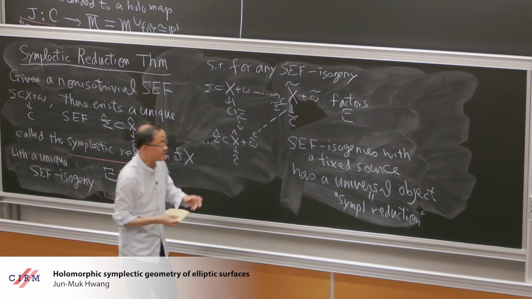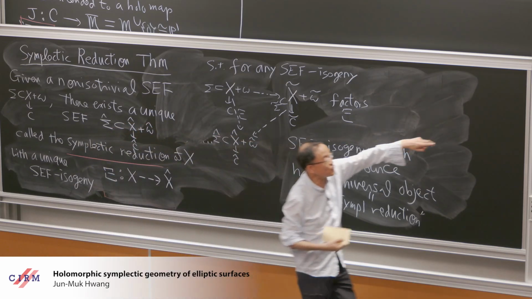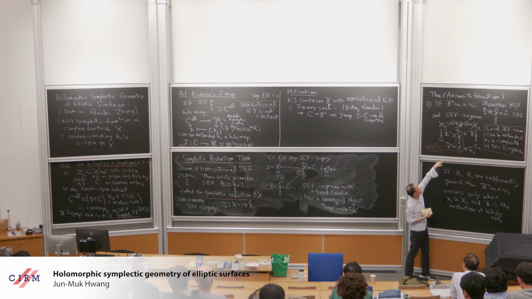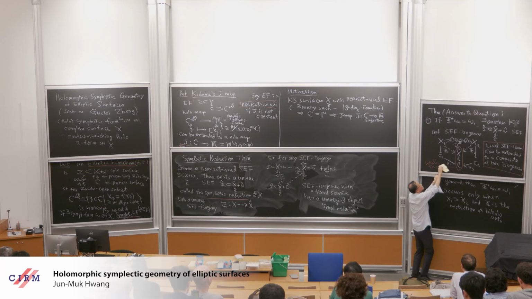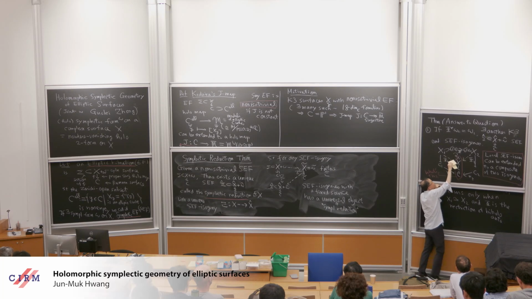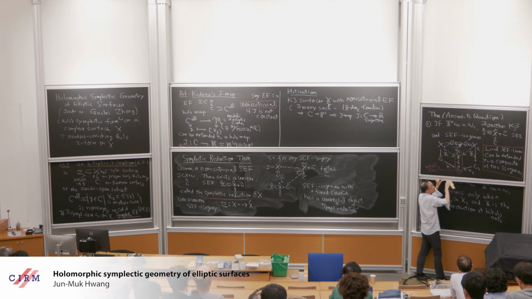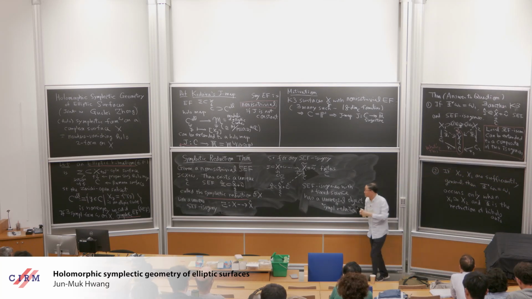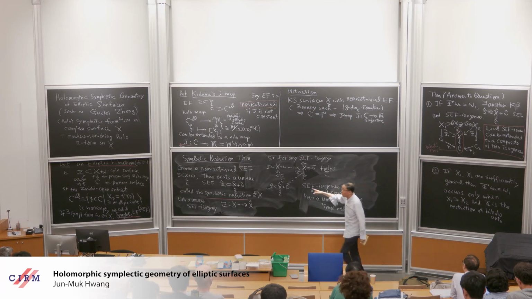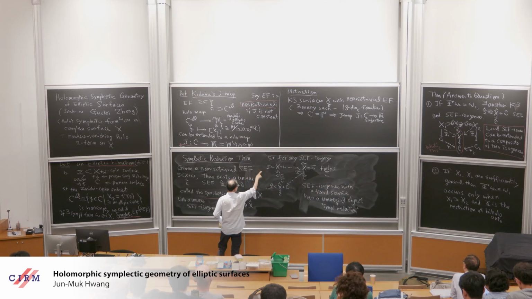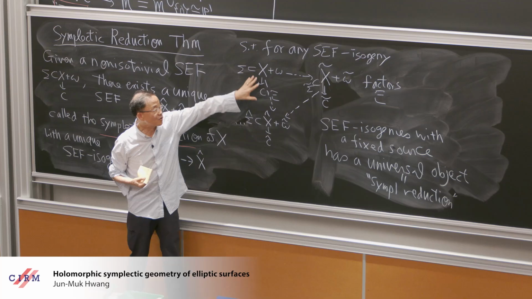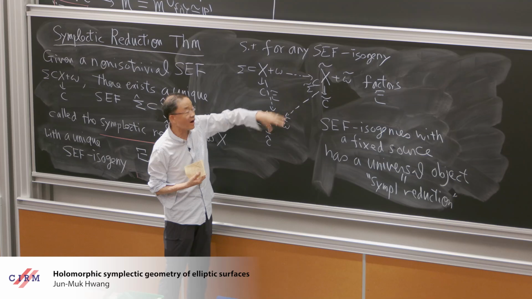So that's the nature of this guy that appears. So this guy x hat to c hat is a symplectic reduction of both x1 and x2. And these two isogenies are just symplectic reductions. So this is the main theorem actually. Given any symplectic elliptic fibration, you have some kind of universal object which absorbs all isogenies.